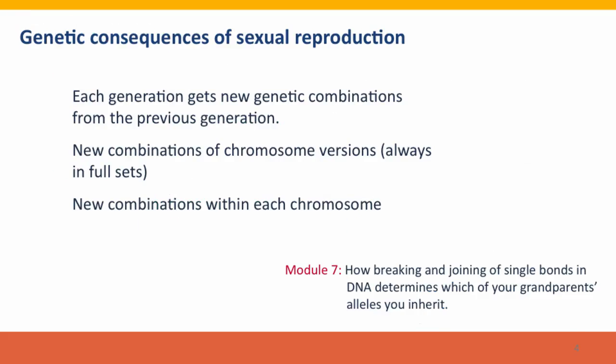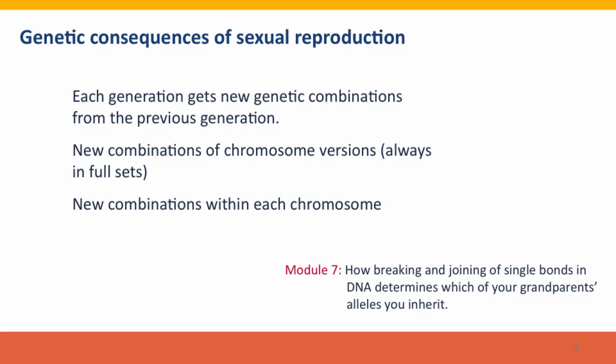Now, the most important issue, that's a terminology question really, but there are very important genetic consequences of sexual reproduction, because not only does sexual reproduction alternate us between haploid gametes and diploid bodies, but the process of generating the haploid gametes and then fusing them together to give new diploid cells generates new genetic combinations from the previous generation.